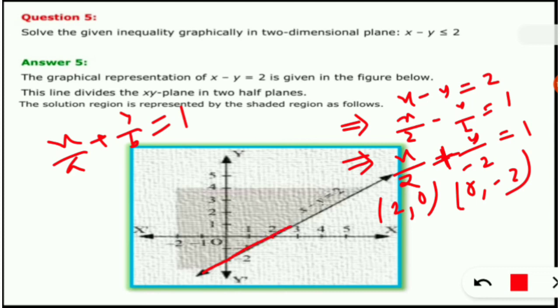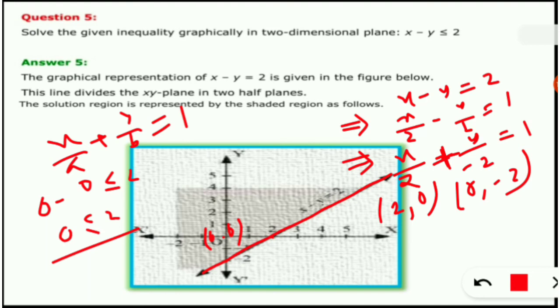The line passes through these points, and it is continuous because the less-than-or-equal-to symbol is present in the inequality. Now the line divides the xy plane into two half planes. For x − y ≤ 2, take the origin (0, 0). Putting x = 0 and y = 0, we get 0 − 0 ≤ 2, so 0 ≤ 2, which is true.